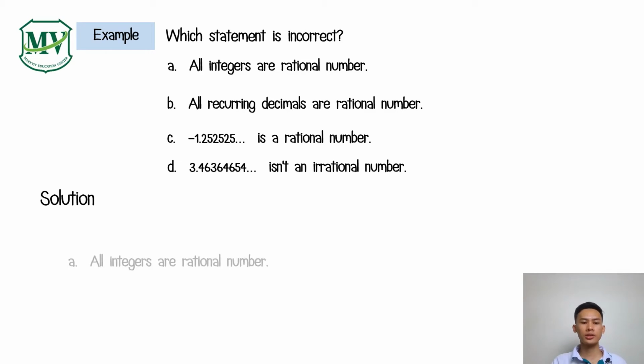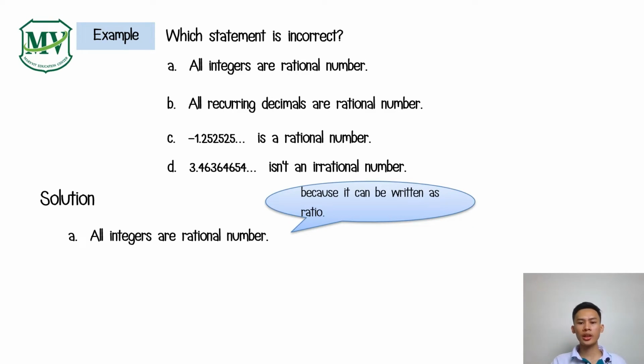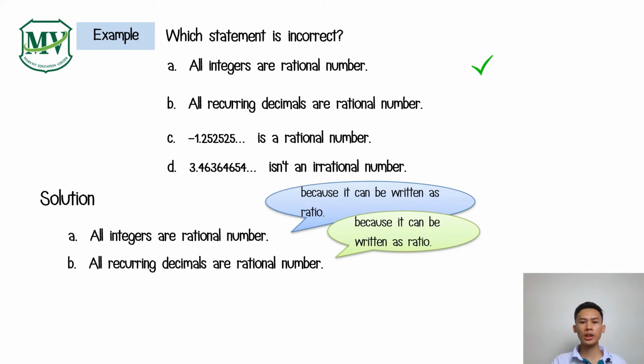Let's see the solution. In letter A, all integers are rational numbers because they can be written as a ratio. In letter B, all recurring decimals are rational numbers because they can be written as a ratio.